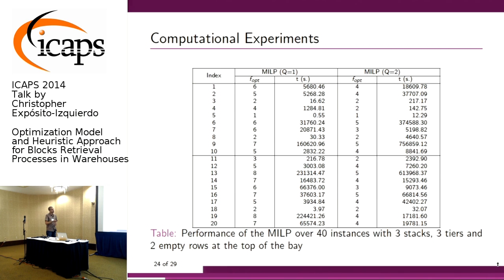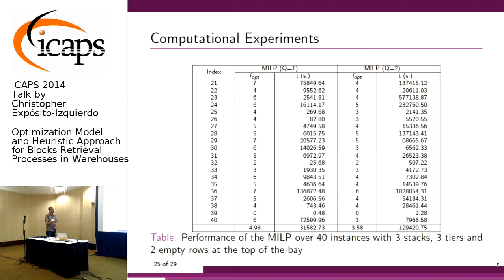But as we can see here, we have reduced the number of relocation movements carried out when we increase the number of blocks we can move at once. We only consider 1 or 2 blocks because that is the most traditional number of blocks we can move in the context of maritime container terminals. But the computational times are extremely large in several cases.